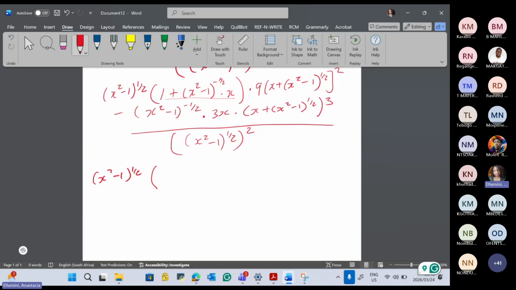Do you agree that that will be x over x squared minus 1 to the power of half? Oh, I forgot about the plus 1. Do we agree? Oh, yeah. Common denominator. Do we see that, guys?